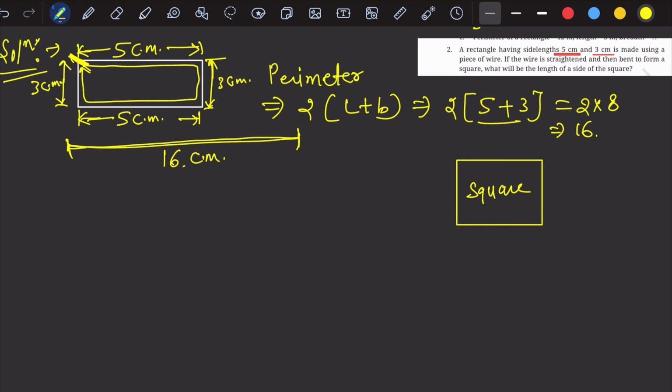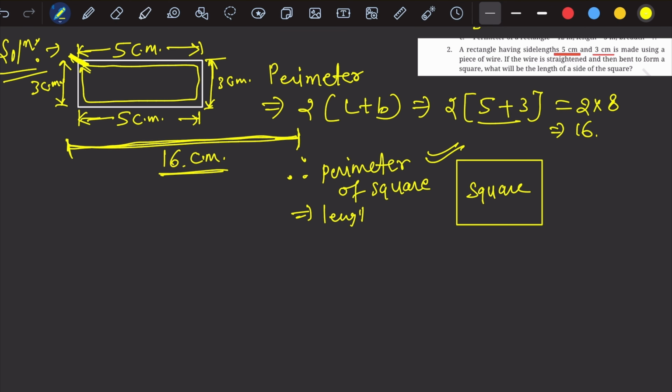Now if we are using the same wire, this is 16 centimeter, and we are making this one as a square, so the perimeter will be the same as the length of total wire. So hence perimeter of square equals length of wire.